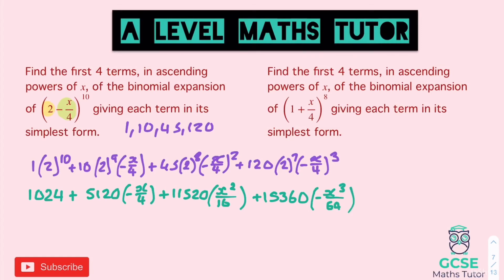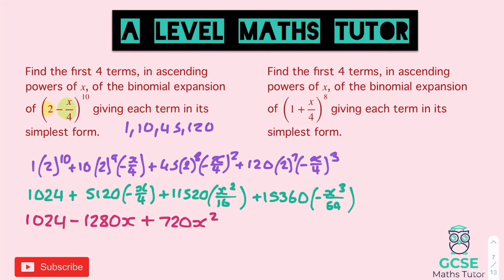There we go. And then we just need to tidy all of this up. We've got the 1024 at the start. Then we've got 5,120 with x over 4, so we need to divide that by 4. 5,120 divided by 4 is 1,280, and that's going to be negative with the x, so negative 1,280x. Then the next piece is positive, so 11,520 divided by 16 is 720, so plus 720x squared.